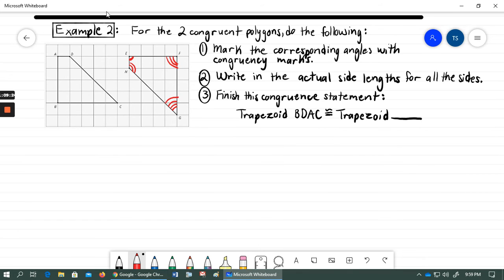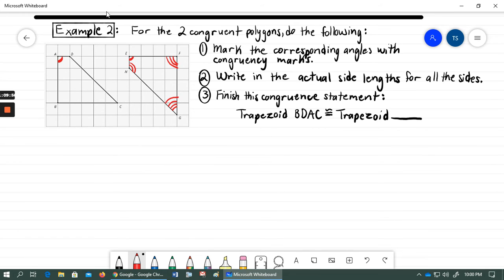And I only see two other right angles in this other diagram that it could be. So which one of those two looks like it could be corresponding with angle E? There's your question, and there's your answer. Angle A is clearly the one that is corresponding with angle E. All right, there we'll put matching congruency marks.